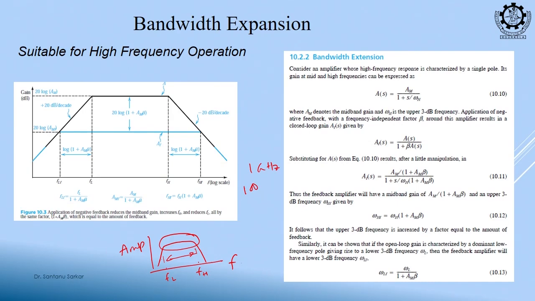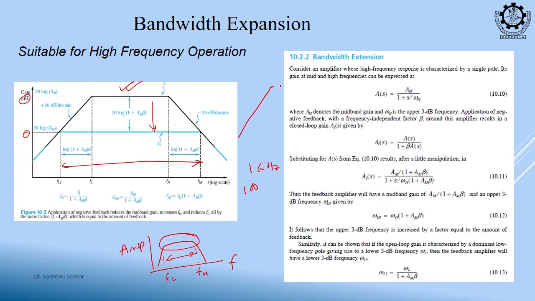So, with negative feedback, this was our open loop characteristic. In the closed loop characteristic, this blue one is our closed loop. In closed loop, what do we know? Gain is reduced. So our amplitude gain is getting reduced, but by doing so, what happens? My bandwidth, you see, now expands.